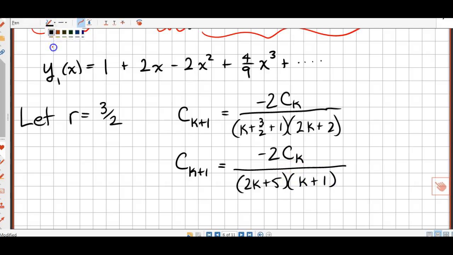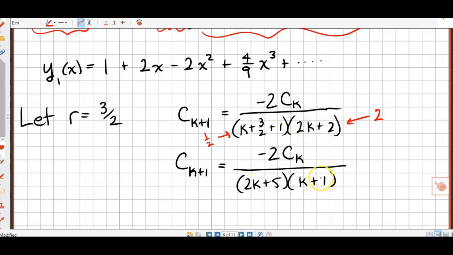This isn't completely necessary, it just gives me easier numbers to work with. I'm factoring out a 2 from the 2k plus 2, and then I'm factoring out a 1/2. So I had k plus 5/2, and if I factor out a 1/2, then I get 2k plus 5.